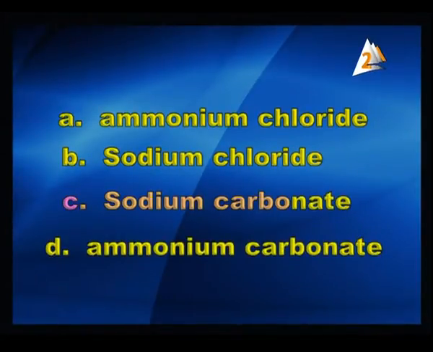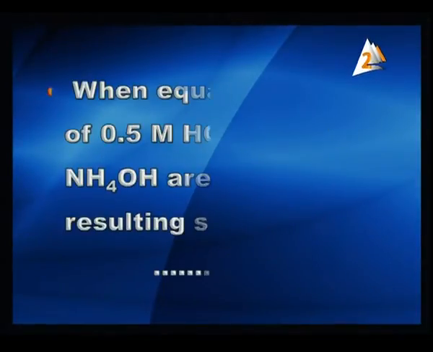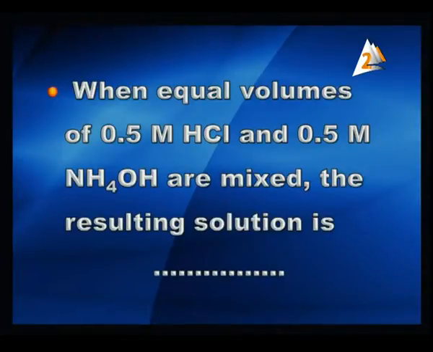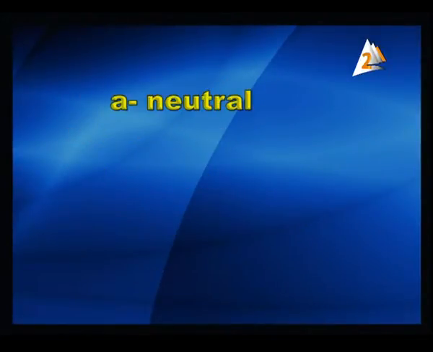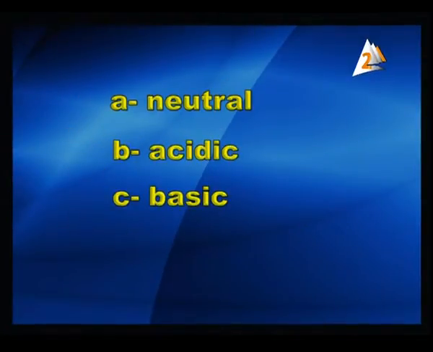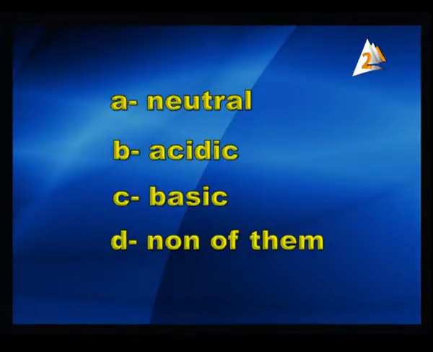If you think about the answer, yes, it will be sodium carbonate as it is a basic solution. Next one. When equal volumes of 0.5 molar HCl and 0.5 molar ammonium hydroxide are mixed, the resulting solution is what? Neutral, acidic, basic, none of them. Yes, the answer will be acidic.